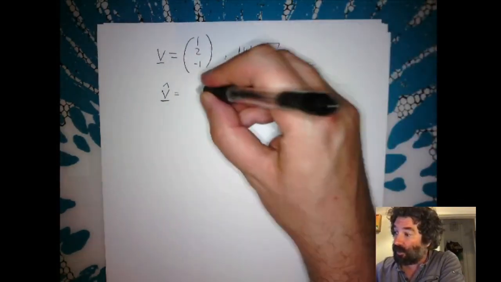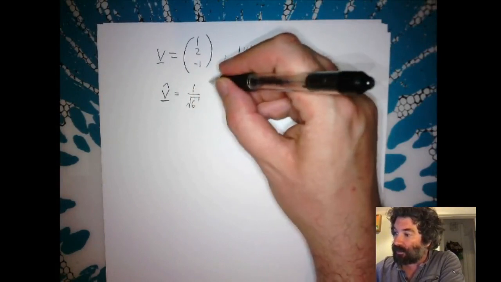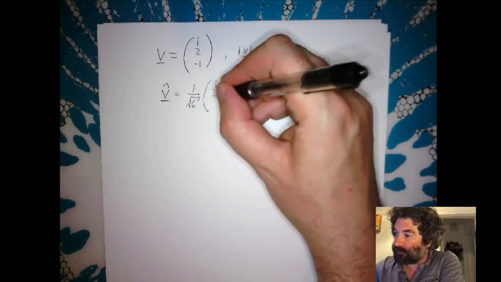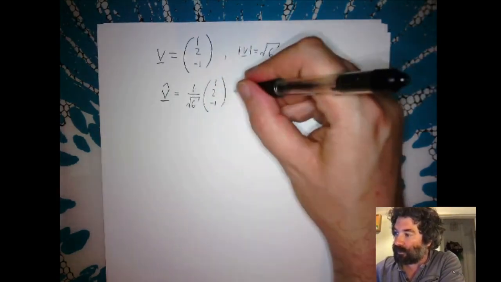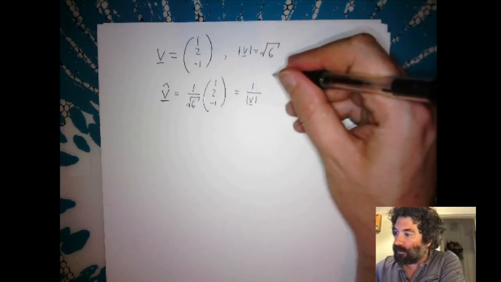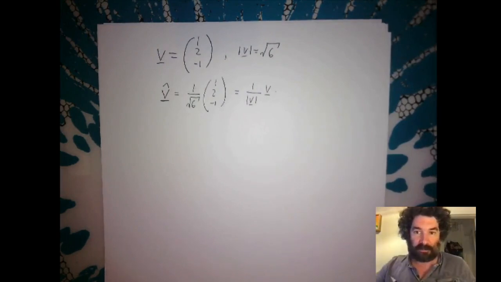It would be the scalar multiplication of 1 over square root of 6 times v. And so the general formula is 1 over the modulus of v times v. It's a unit vector pointing in the same direction as v.